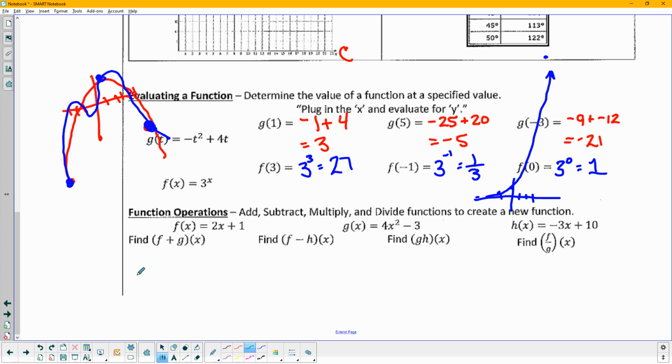With addition, all that I'm looking at doing is saying, go ahead and take f of x and add it to g of x, which will be 2x plus 1 plus, and you can put parentheses if you want to, g of x is 4x squared minus 3.